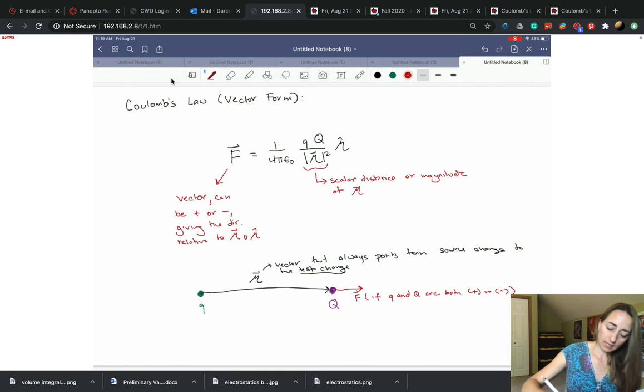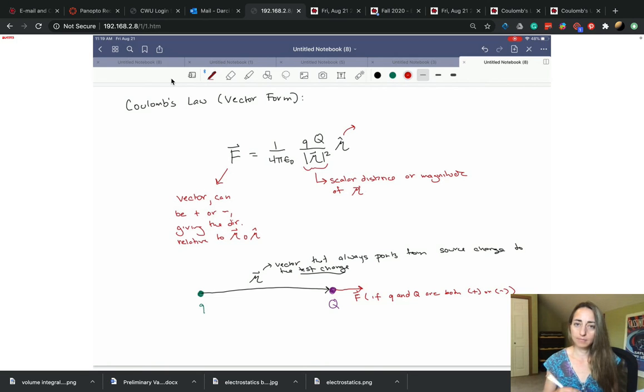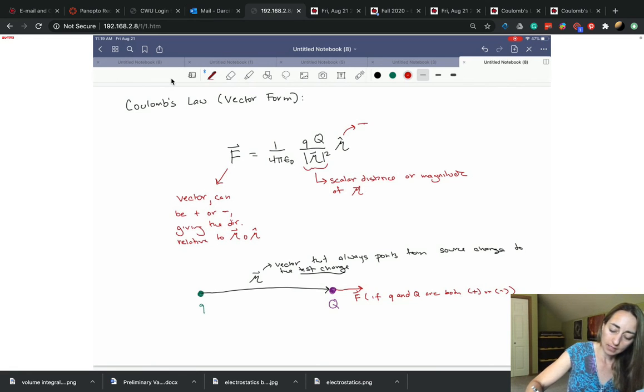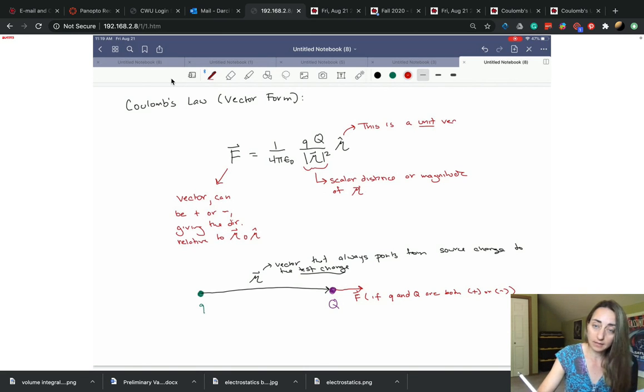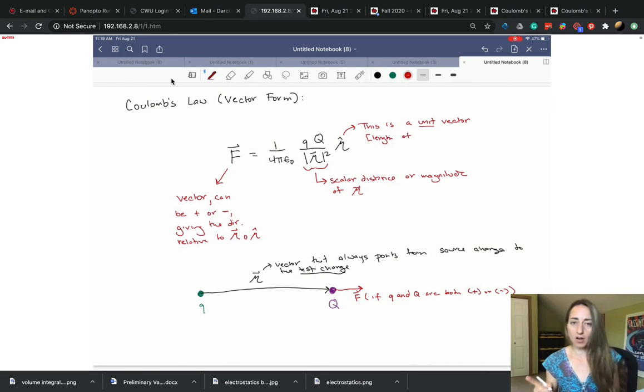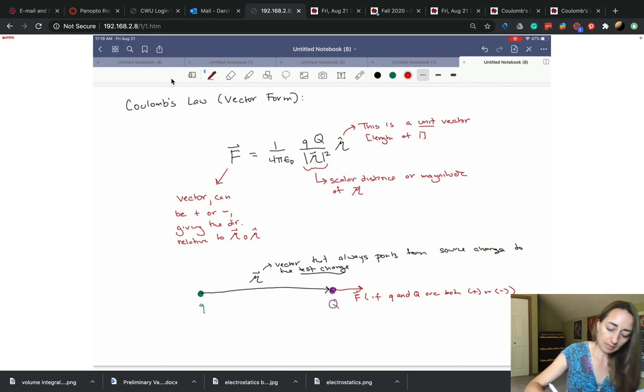This little hat, hopefully you remember this from some other class. We definitely cover it in the 180 series. This is a unit vector. That means it has a length of 1. But the fact that it's an r unit vector means that it points in the same direction as the r vector.